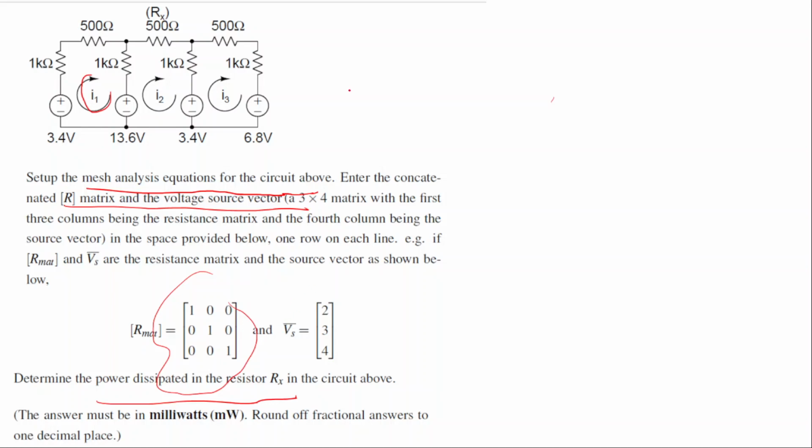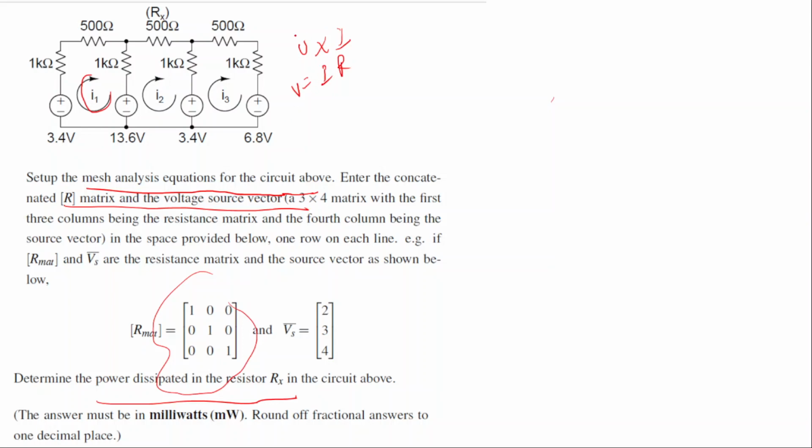To find the power dissipated in any resistor or component, we need the voltage across that component and the current. For a resistor, the relation that holds is V equals I times R.